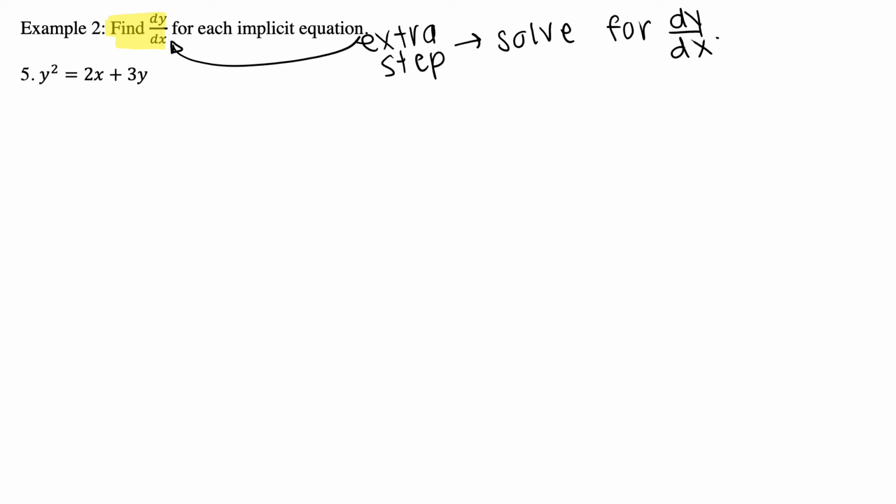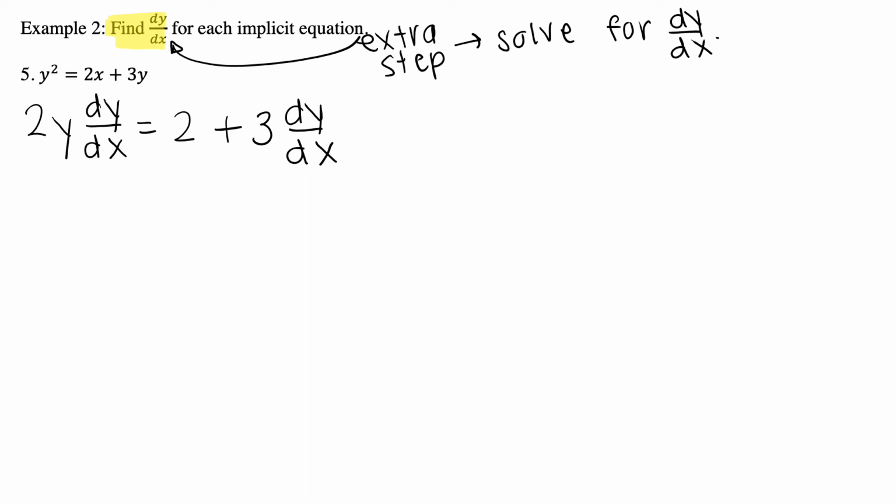The derivative of y squared with respect to x would just be 2y dy dx equals the derivative of 2x with respect to x would just be 2, plus the derivative of 3y would be 3 dy dx. That is the implicit differentiation that we did in example 1.